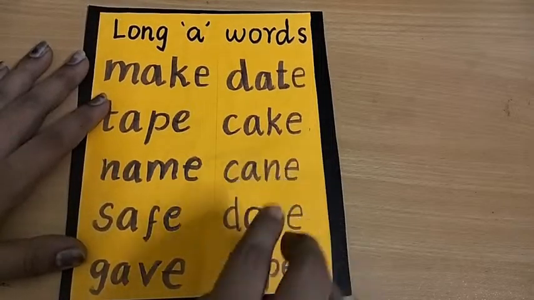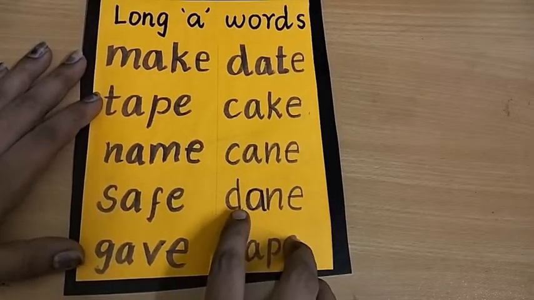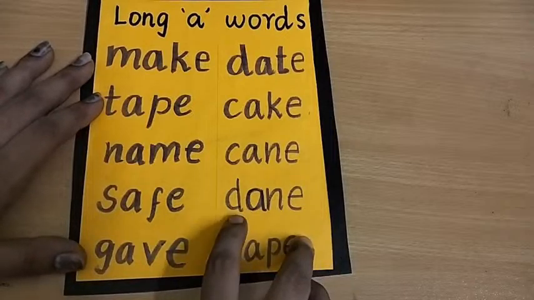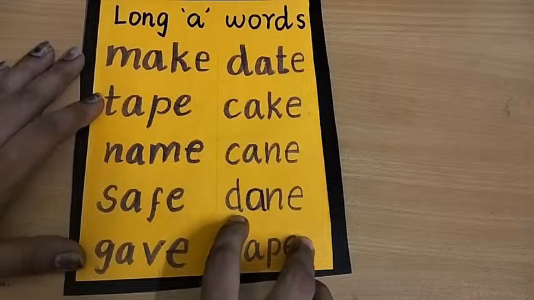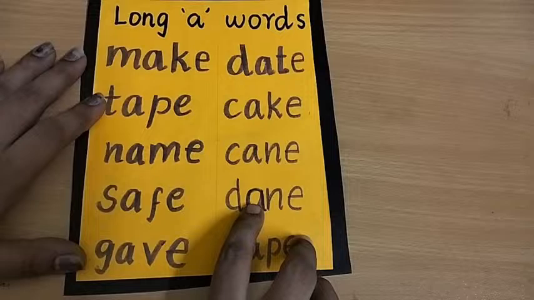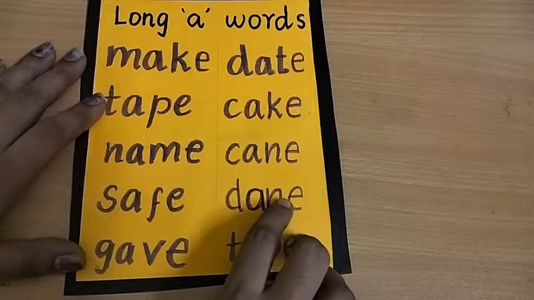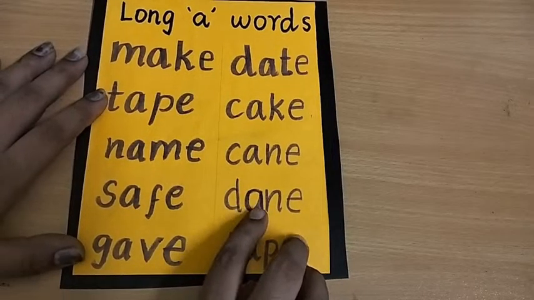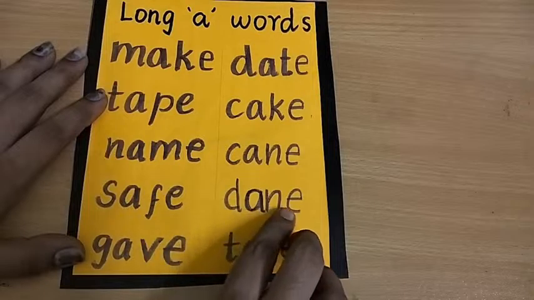Okay. The next word is D, A, N, E. The sound of D is D. The sound of A. But we should not pronounce it here as short A, because at the end of the word you have the letter E. Okay, so the vowel takes its actual sound longer. D, A, N. Dane.